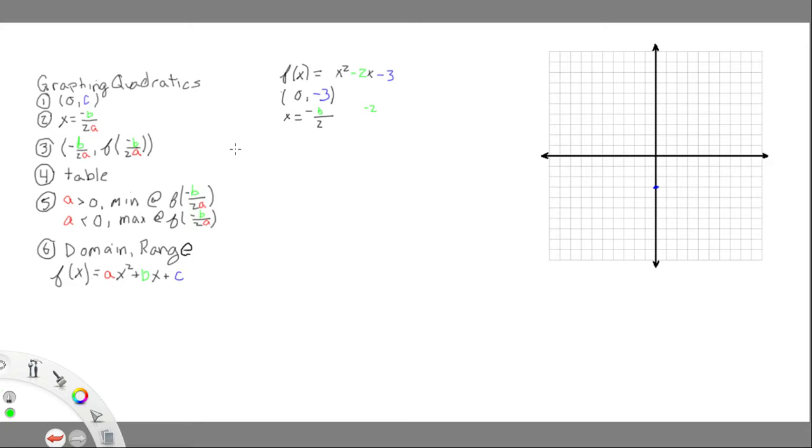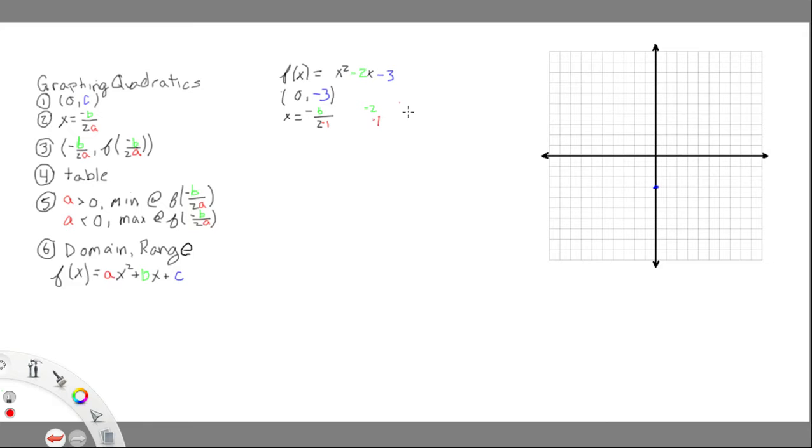I want a in red, so a in red. a is 1. From this equation right here, our coefficient of x squared is 1, so a is 1, and we're going to multiply that 2 by that 1.